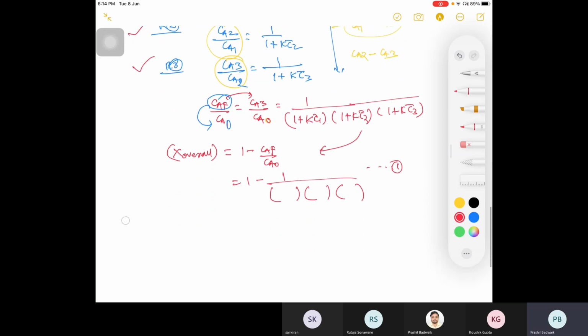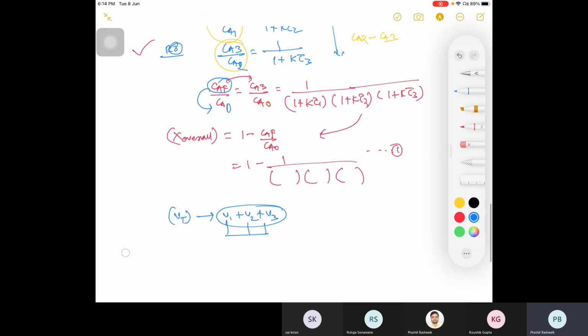Overall conversion. Now when I told you I am breaking reactor Vt into V1, V2 and V3, right? So here what will happen, suppose these reactors are of the same volume. Then you know what space time is: tau is equal to volume of MFR divided by volumetric flow rate.